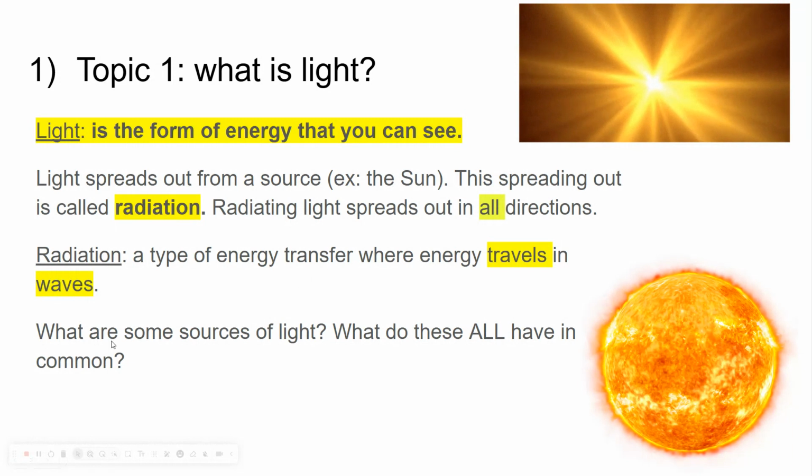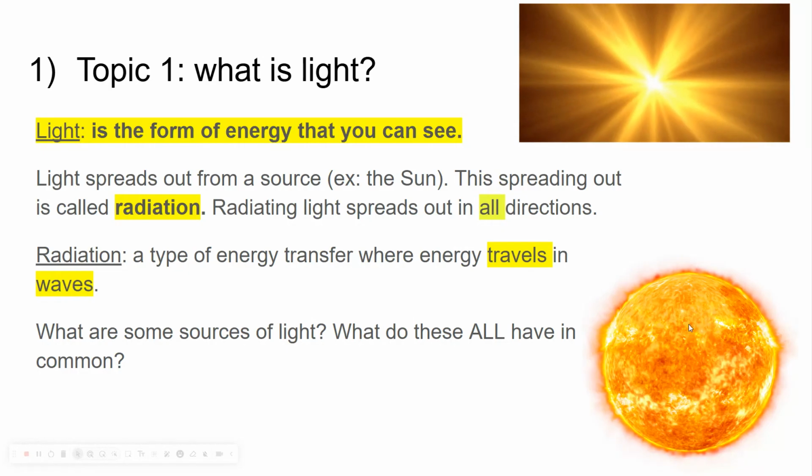So it says down here, what are some sources of light? What do these all have in common? Well, the sun is probably the most commonly known source of light. We get all of our solar energy, and really life is dependent on the sun.